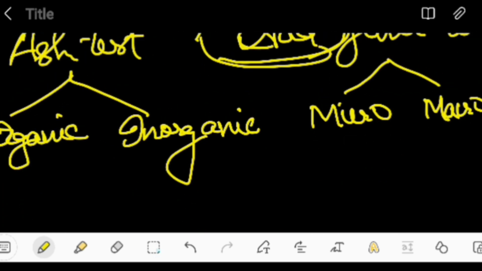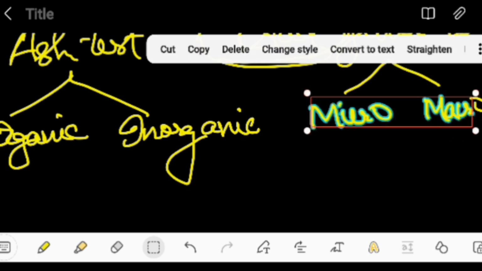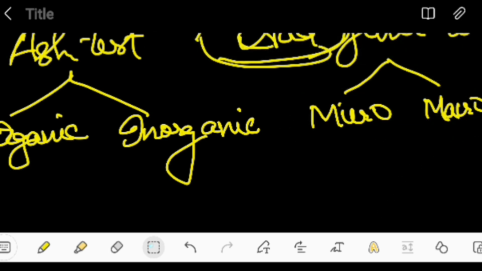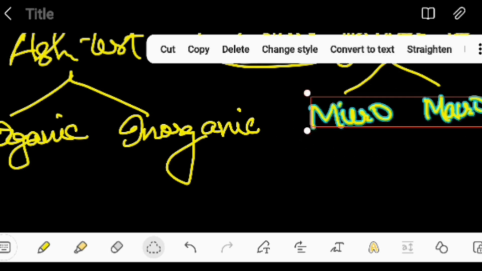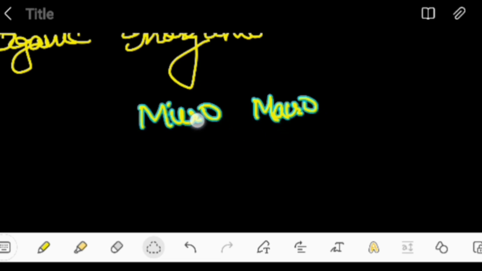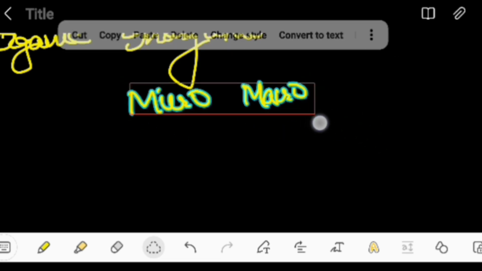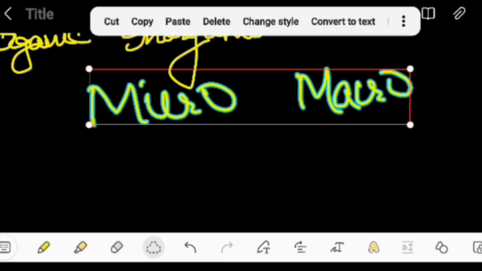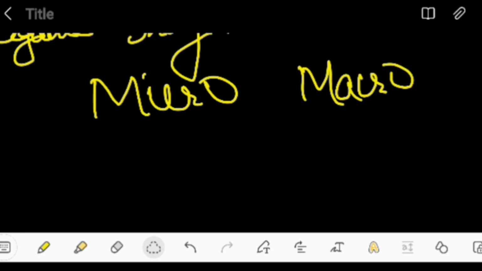Now you have a separate thing to discuss: what is micro and what is macro. Micro means small, macro means big.